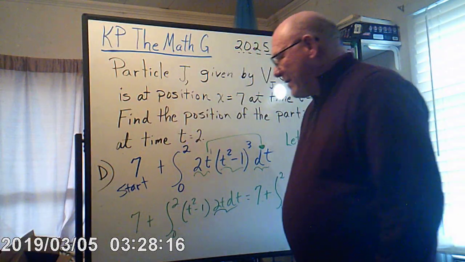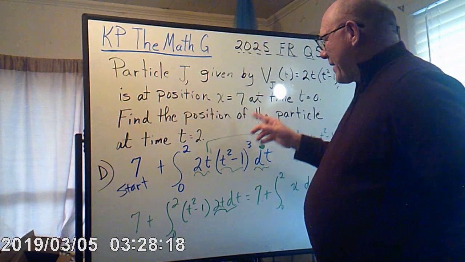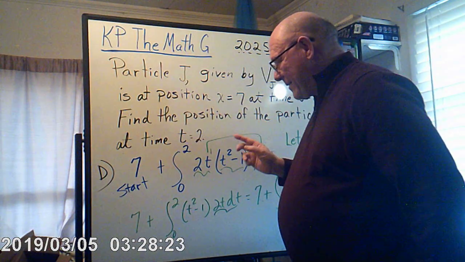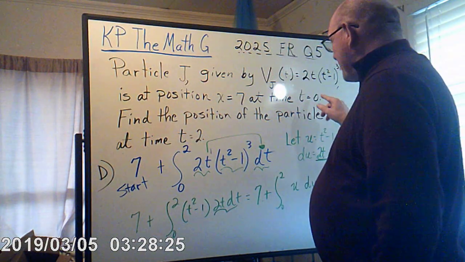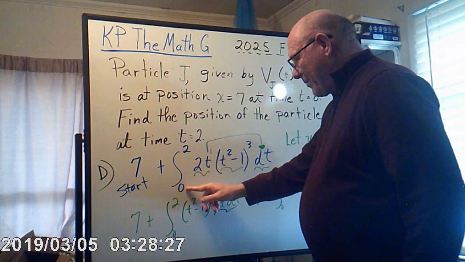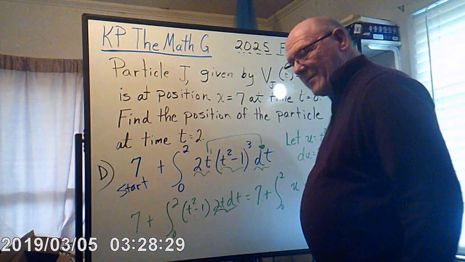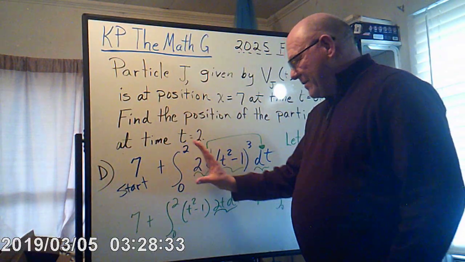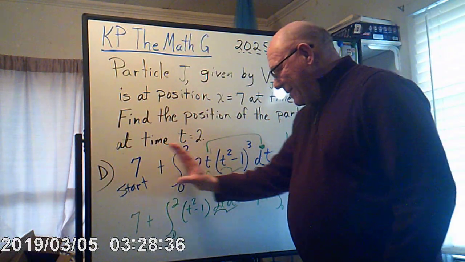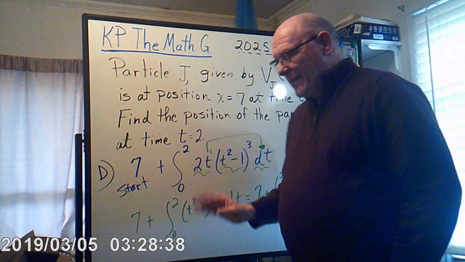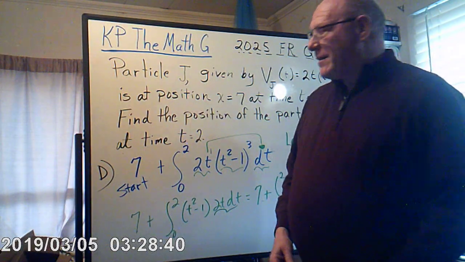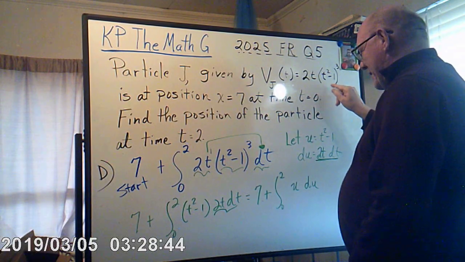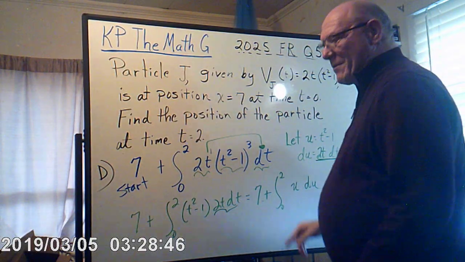And if it's at 0, which time t usually is, great. Had this been, say, 1, you would have gone from 1 to 2. Anyway, from 0 to 2. So this is telling us what the distance is. If this were saying centimeters per second, now this answer is in centimeters.